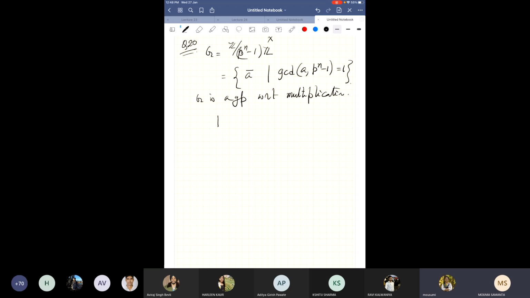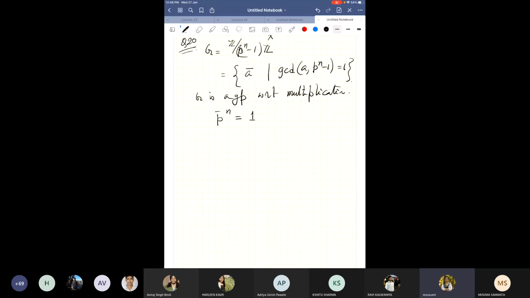Okay. So now you are trying to find the order of P bar here, right? Yes, ma'am. So for that, what do you have to show first? I have to show first that P^n is congruent to 1 mod P^n - 1, and so P bar to the power n is equal to 1 bar in this group, isn't it?